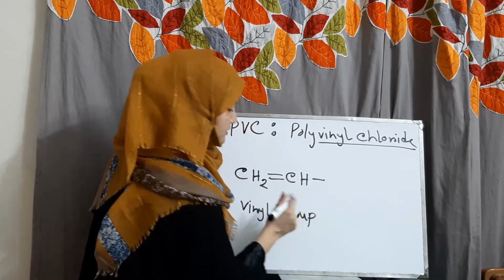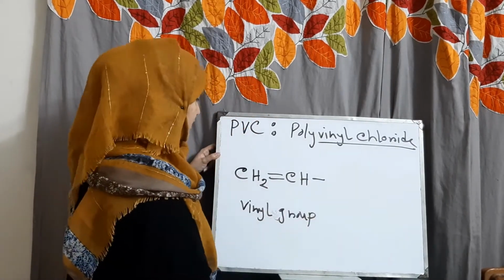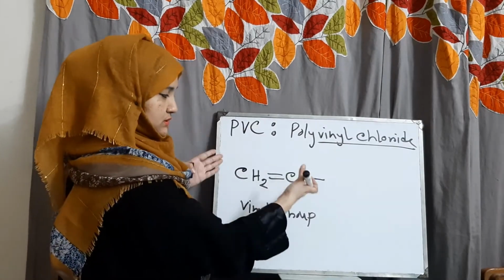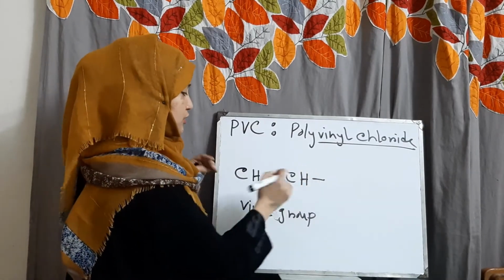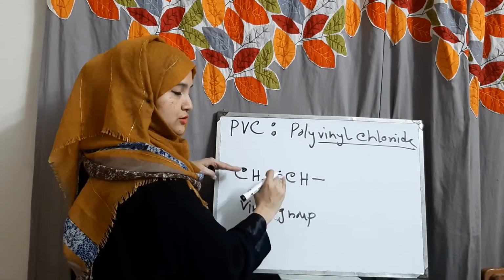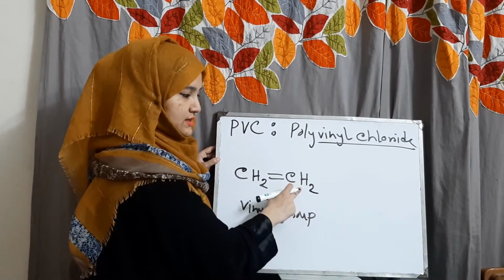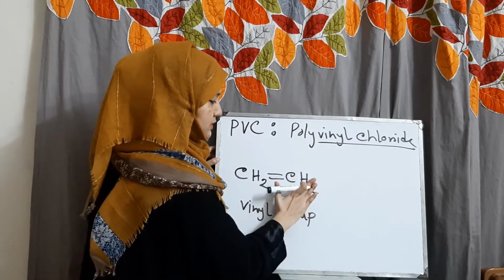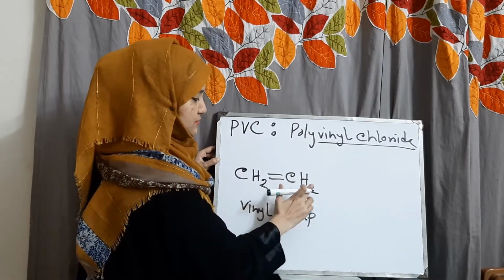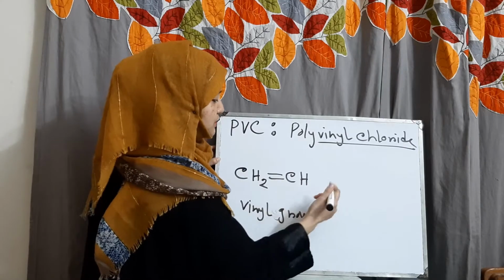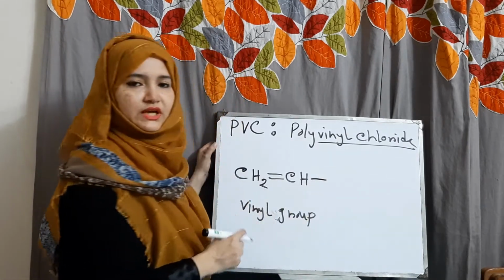Okay, vinyl group, like a functional group. And how is this produced? From ethene, one hydrogen is removed. From ethene, one hydrogen is removed and produces a monovalent vinyl group.